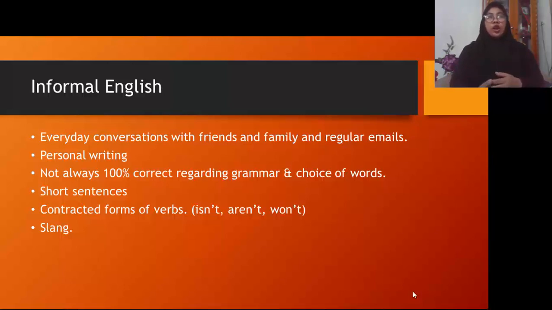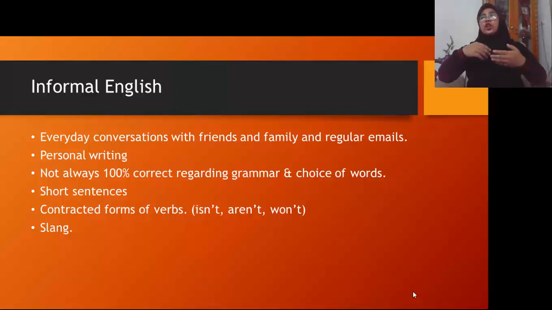You can apply the contracted forms of the verb, for example contraction words like isn't, aren't, won't, can't. But in formal language or formal conversation, you cannot apply the contracted forms. You cannot use the word isn't in your thesis.